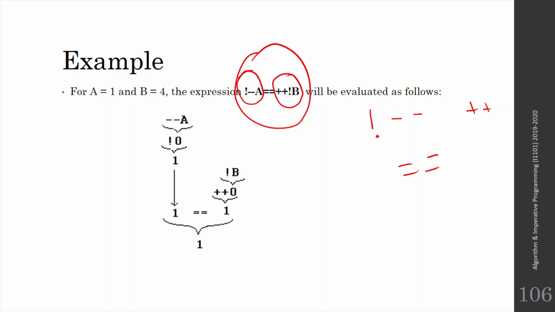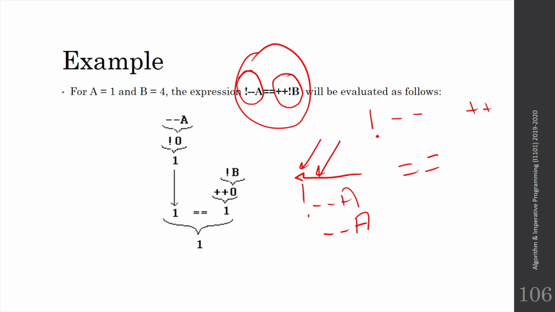We can either start with the exclamation mark minus minus a, or with the plus plus not b. In not minus minus a, those are unary operators, and as we have said, we should start from the right to the left. So first we apply minus minus a.